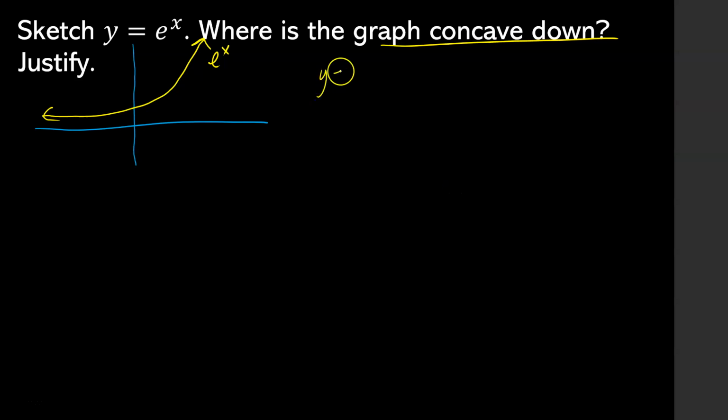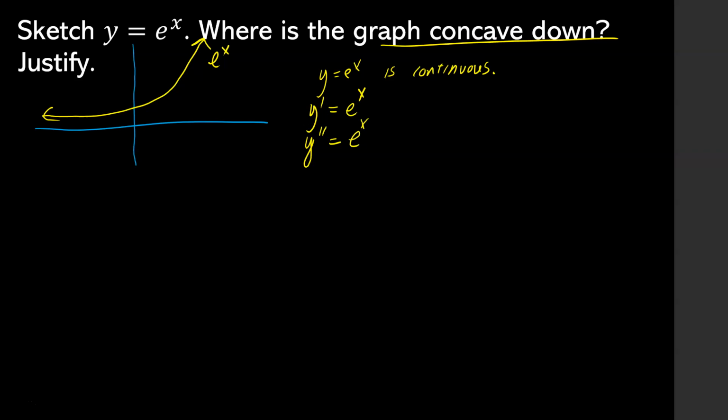Well, we know what e to the x looks like, and e to the x is continuous everywhere. We never want to forget to write that. Okay. And concavity is about a second derivative. The first derivative of e to the x is e to the x times the natural log of e. And the second derivative of e to the x is again e to the x natural log of e.